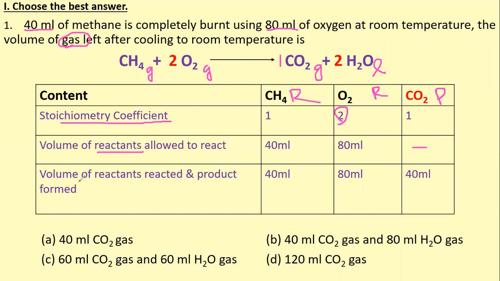The next will be the volume of reactants reacted and then the product formed. Methane will be 40 ml and oxygen will be 80 ml. Then carbon dioxide will be 40. So the product formed will be 40 ml.